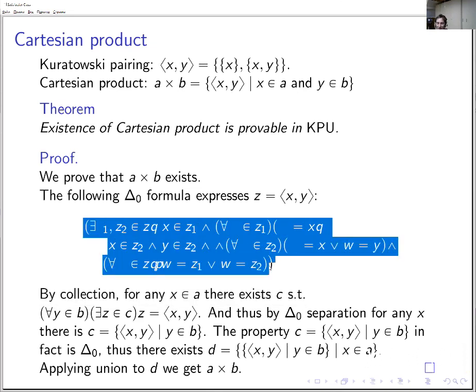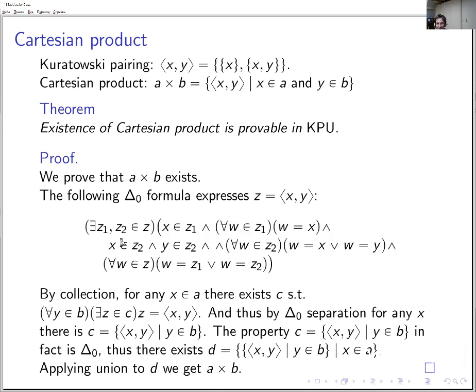Basically it says that there exist two elements Z1 and Z2 in the set Z, where Z1 corresponds to the singleton of x, and Z2 corresponds to the set consisting of x and y.